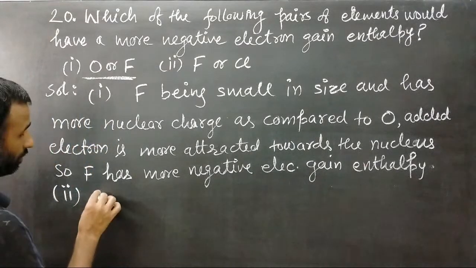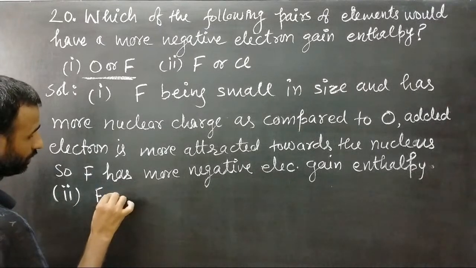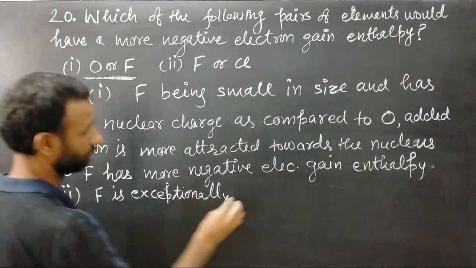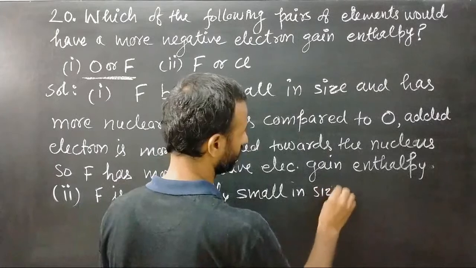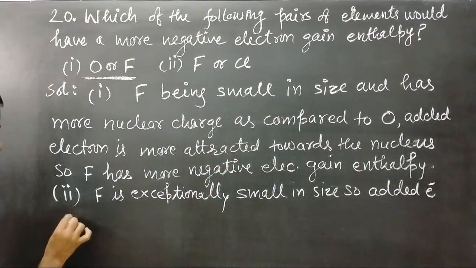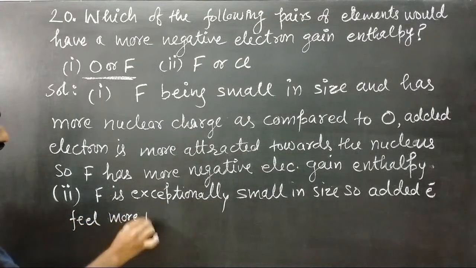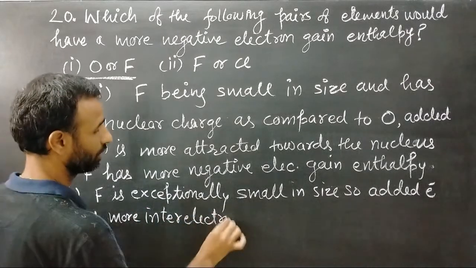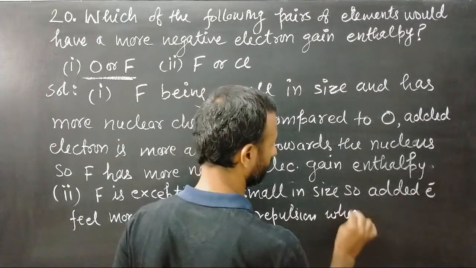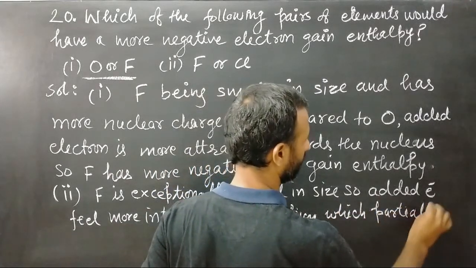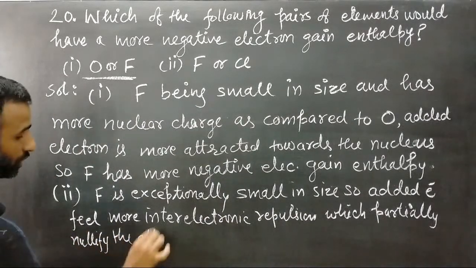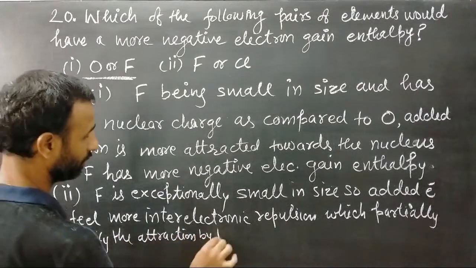Very good. Fluorine is exceptionally small in size, so the added electron feels more inter-electronic repulsion, which partially nullifies the attraction by the nucleus.